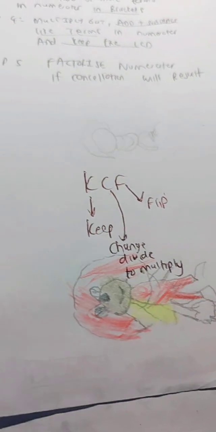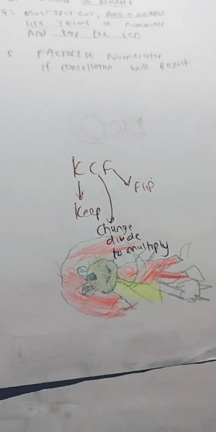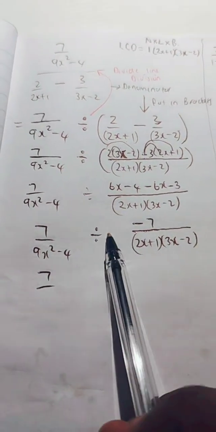K means we keep the first fraction. C means we change divide to multiply. And then F means we flip the second fraction after the division that we've changed to multiply. So we apply KCF whenever we have divide.